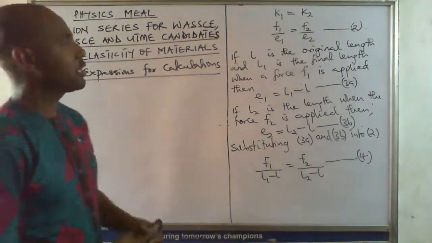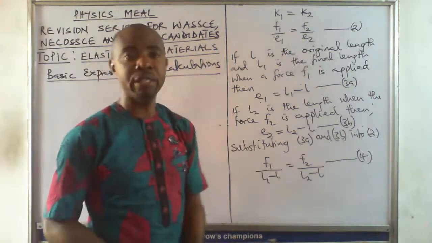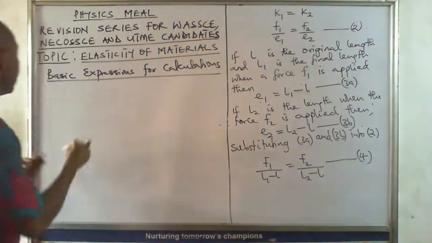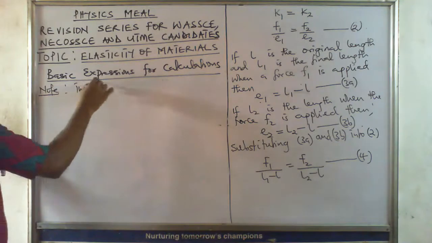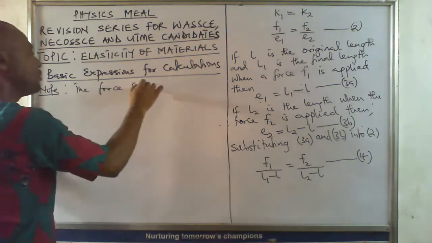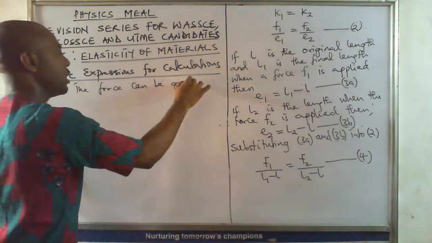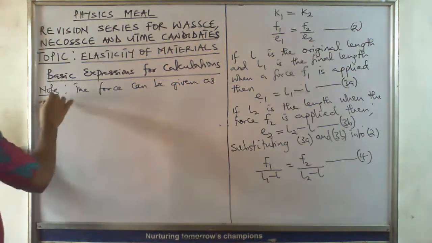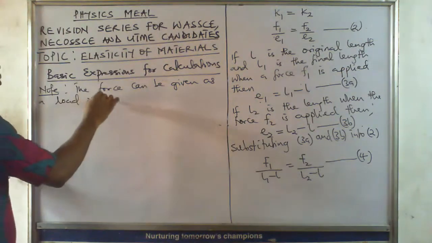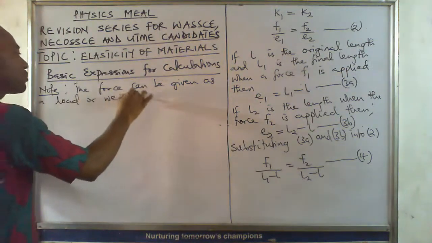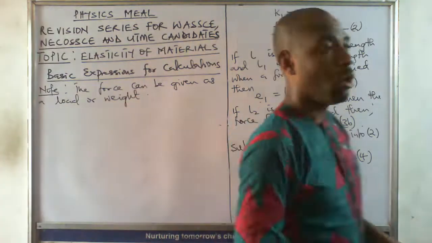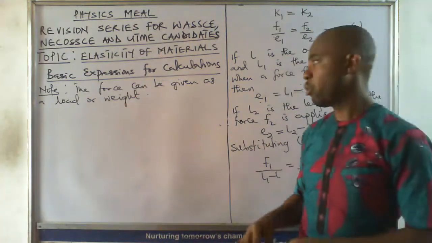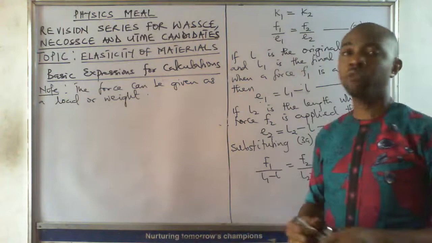Now, it's not all the time that we may be giving force directly. Note, the force can be given as a load or weight. You can give it as load or weight.